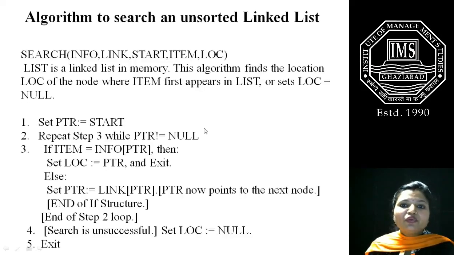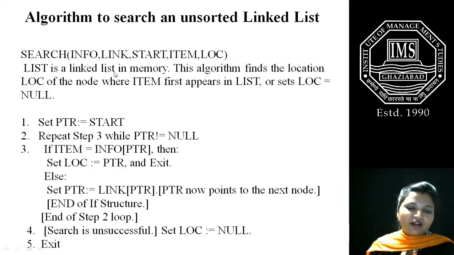So if you want to search an element in a linked list, if the elements are arranged randomly, the procedure is called the search algorithm. Info and link are two arrays.